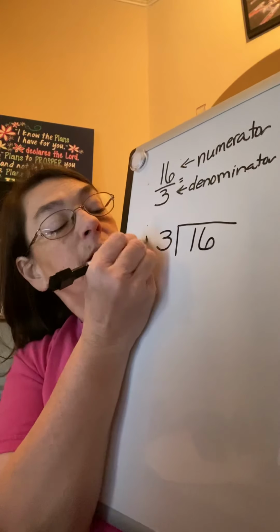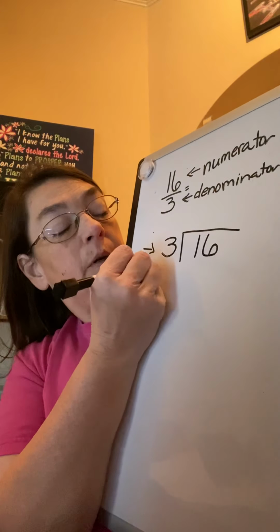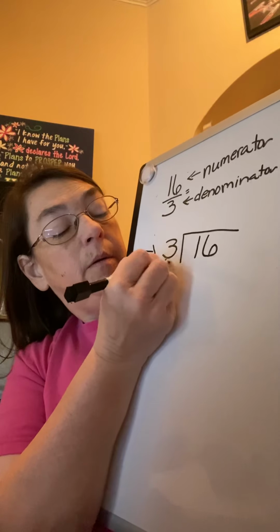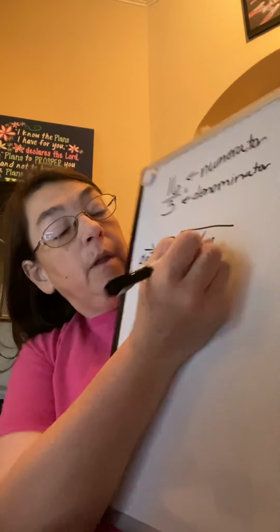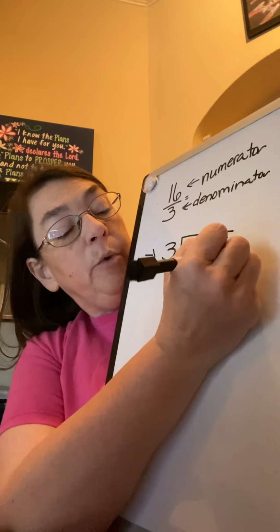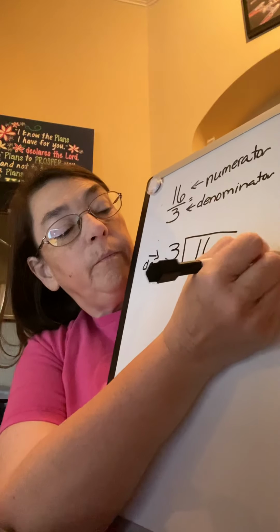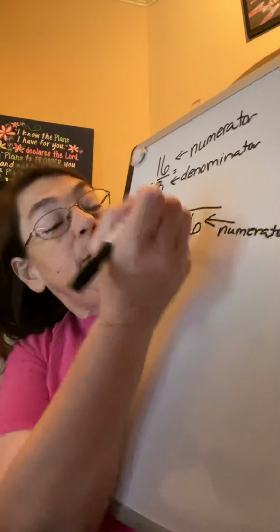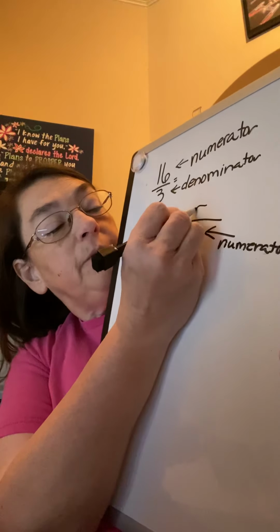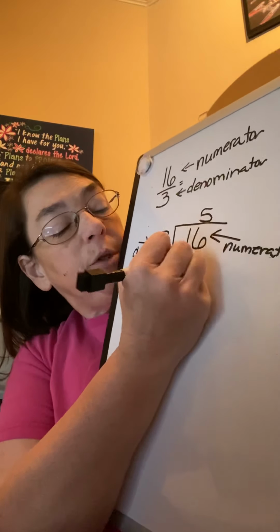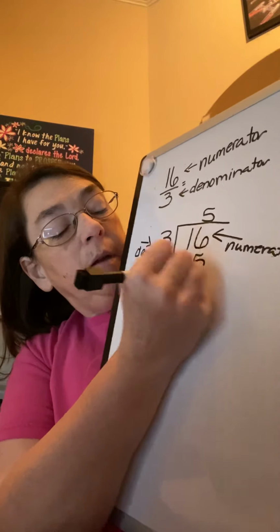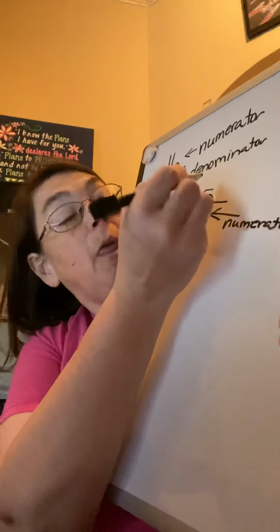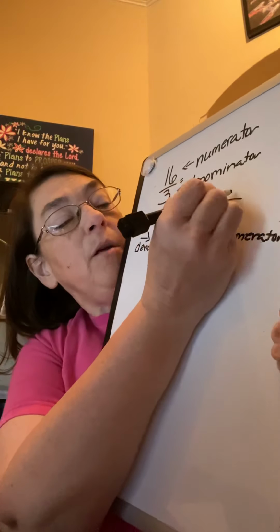So this is going to be my denominator. This is my numerator. And then I just divide. How many times does 3 go into 16? It goes in 5 times. 5 times 3 is 15. And I get 1.